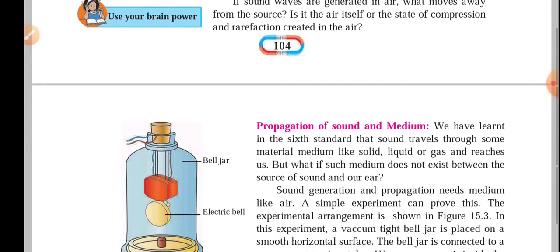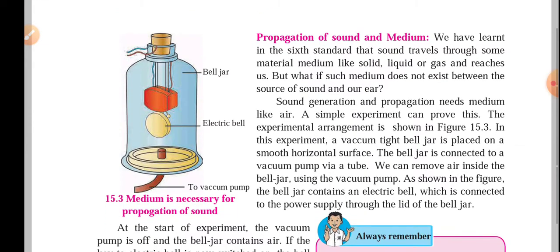Now when we talk about sound and its propagation, the propagation of sound requires a medium. You might have heard about the sun and that it produces heat. How is it producing heat? Because nuclear fusion is taking place.